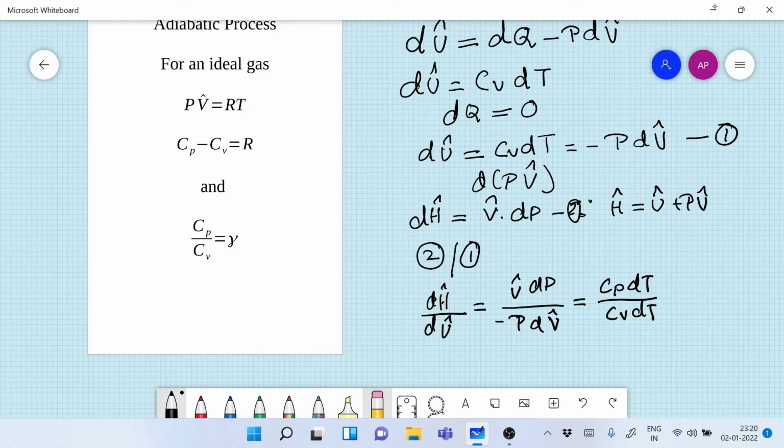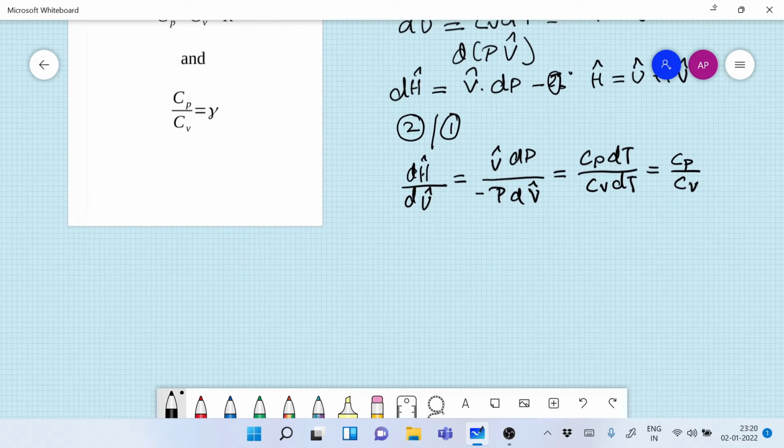Well, we need not write the last one. It actually is equal to Cp by Cv. So we have Cp by Cv for an ideal gas written as gamma.